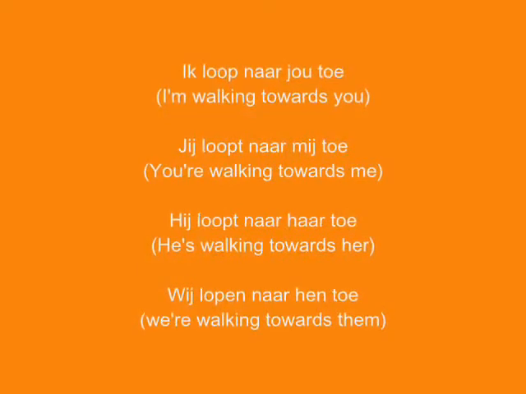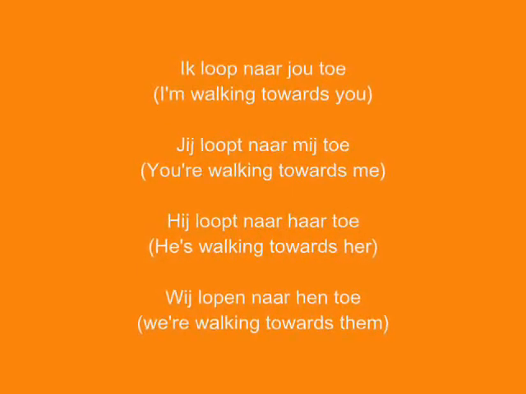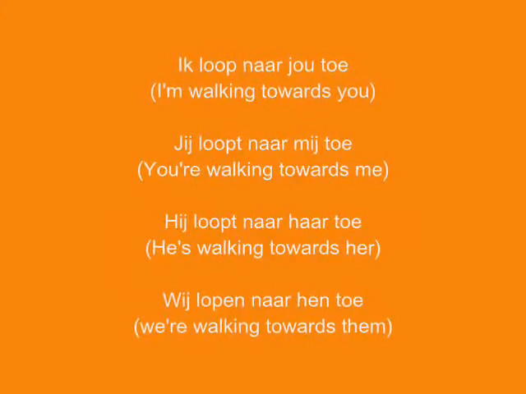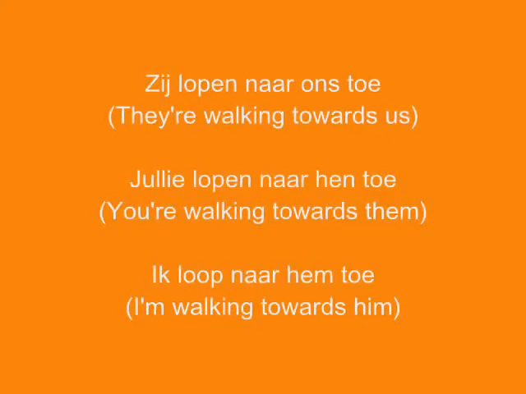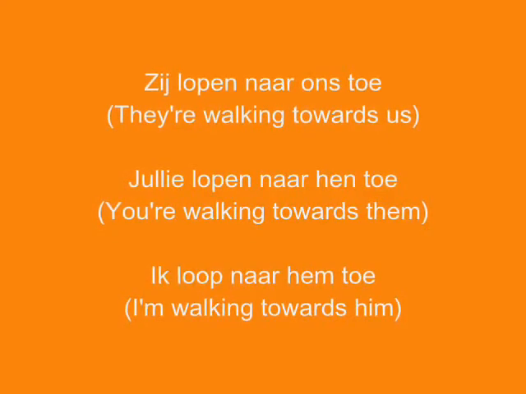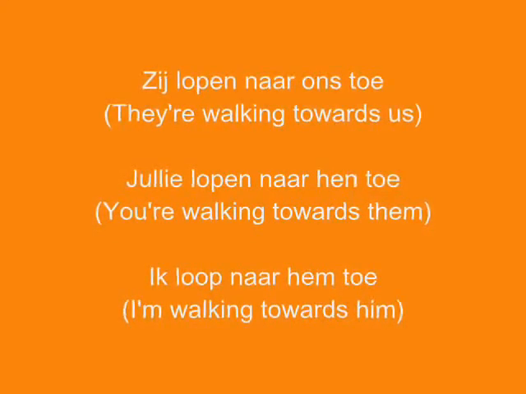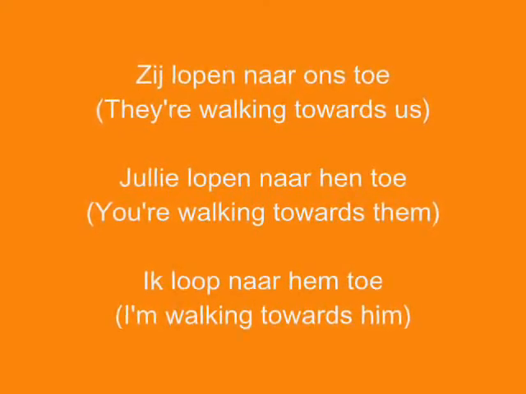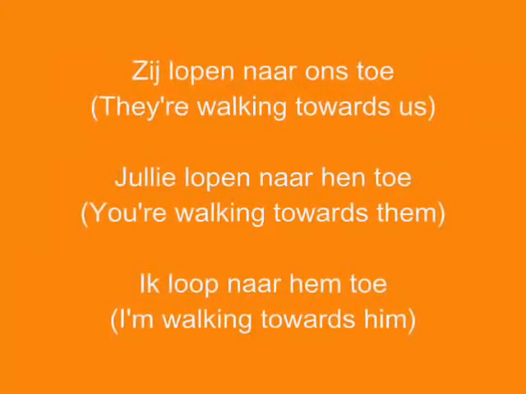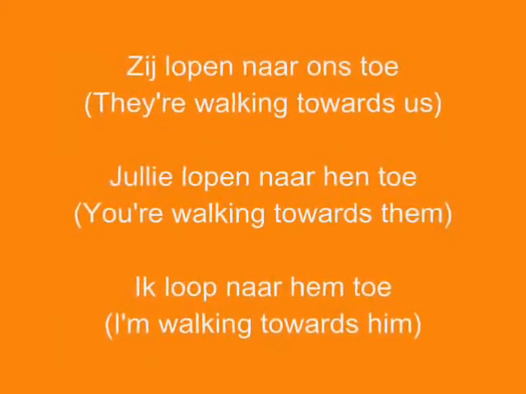He's walking towards her. Wij lopen naar hen toe. We're walking towards them. Zij lopen naar ons toe. They're walking towards us. Jullie lopen naar hen toe. You're walking towards them. Ik loop naar hem toe.